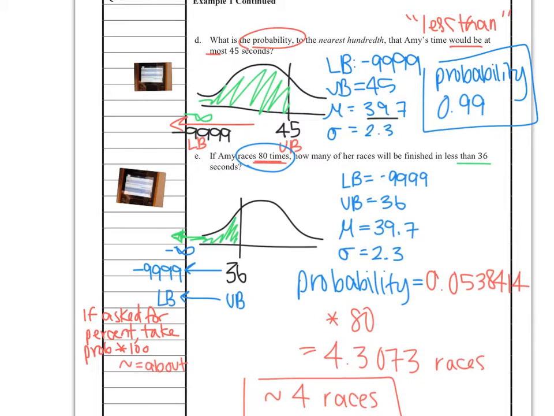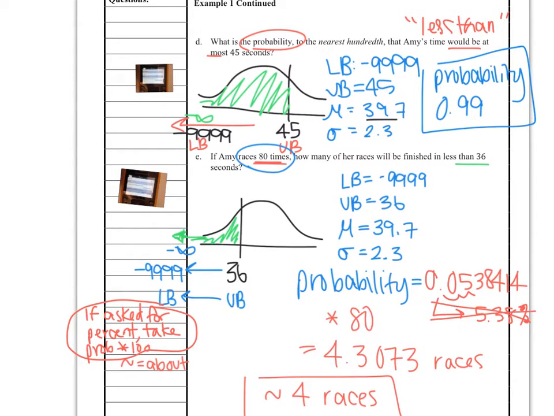Because remember, probabilities are fractions that are always out of 100 essentially, because we're talking about percents that are out of 100. So if it asked you for a percent, what percent of the time does she race in less than 36 seconds? This one would look like 5.38%, right? Because multiplying by 100 moves your decimal 2 spots to the right. This particular problem did not ask for it, so if it doesn't ask for it, don't write it. Okay, keep that in mind.